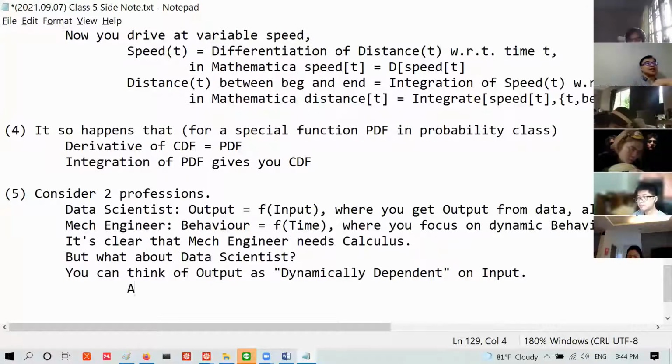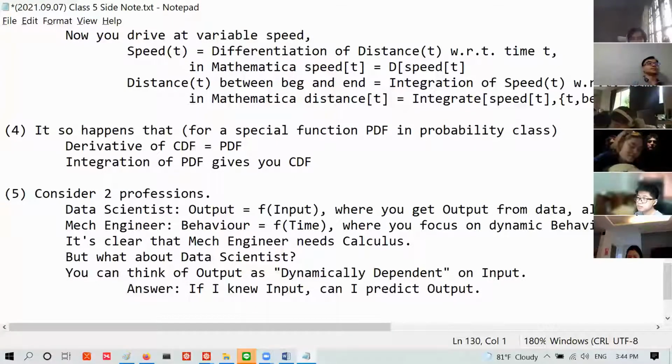And then you can answer two kinds of questions. If I knew input, can I predict output? So basically you want to know F.